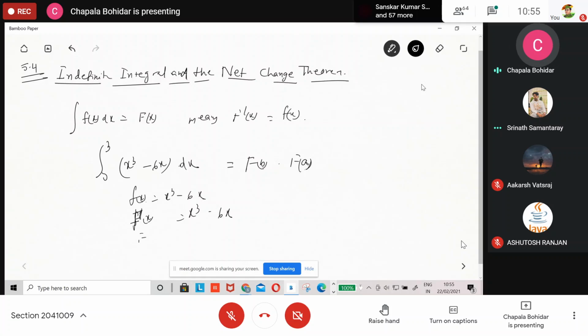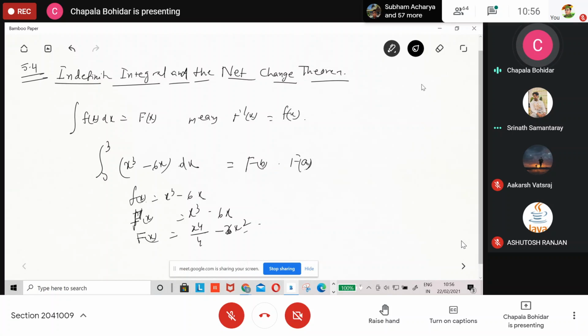Then what do you get for F(x)? F(x) is equal to x to the power 4 by 4 minus 3x square. We are integrating, plus c.